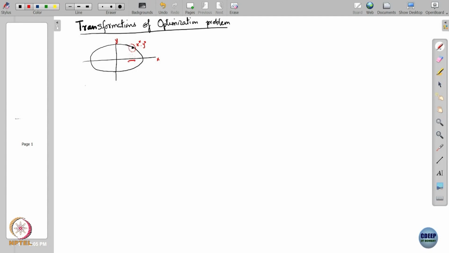This was a case of basically transforming a problem in two variables x and y, a problem in x y, to a problem only in x.